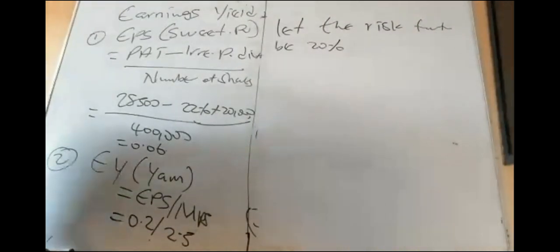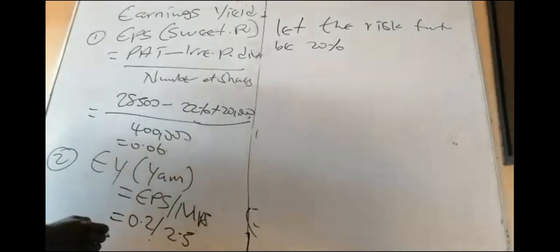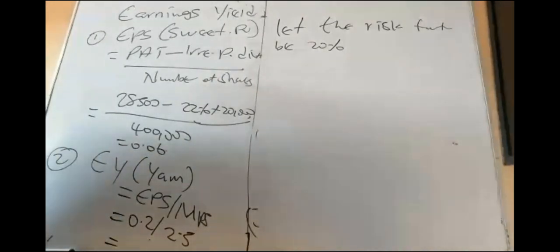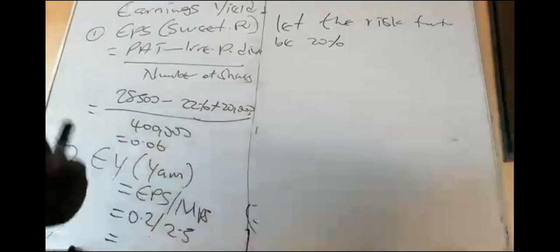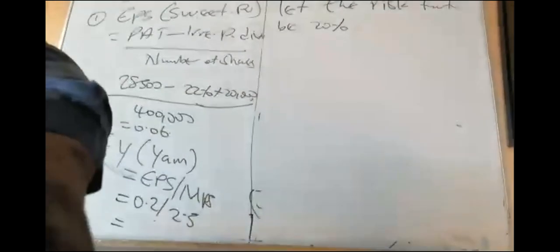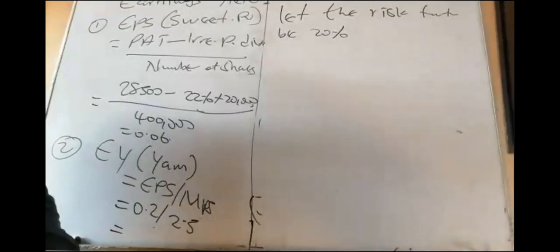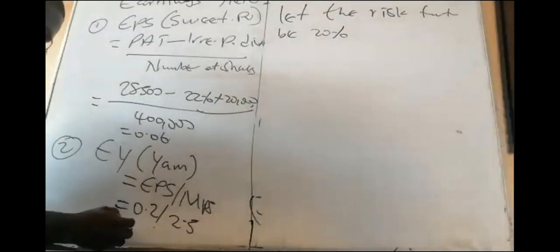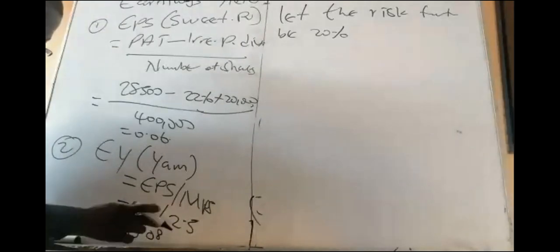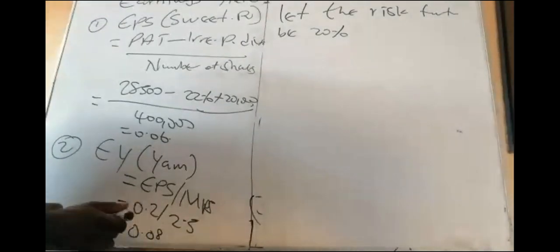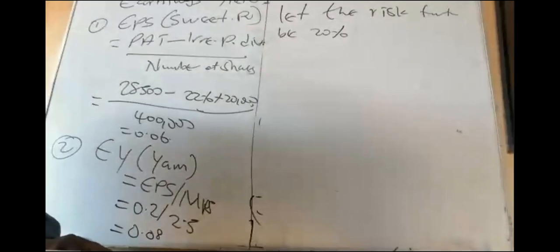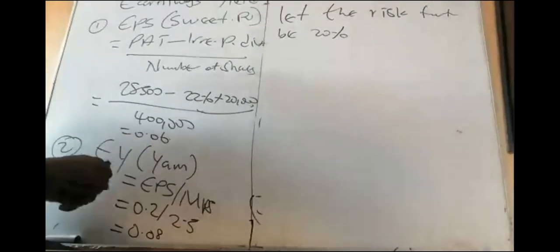So what do you get for the yield? You get 0.08. That's the earnings yield for a listed company, Yam.